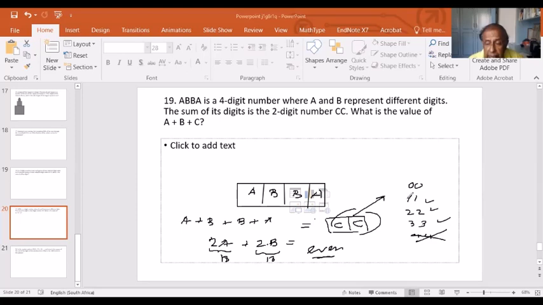So that eliminates these, because those are not even. So now we have that the sum that we are looking for, this number here, is 22.